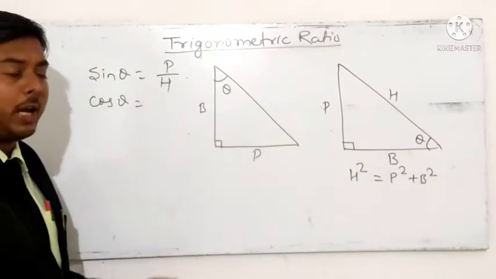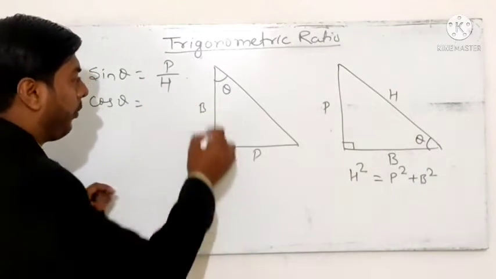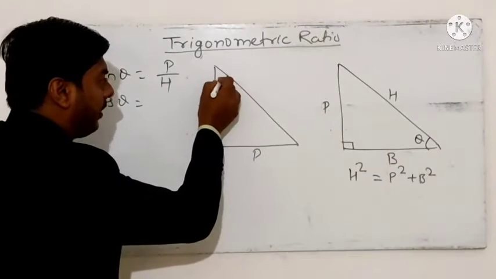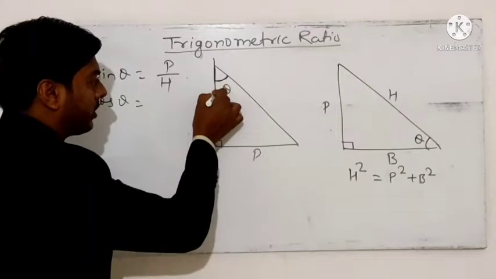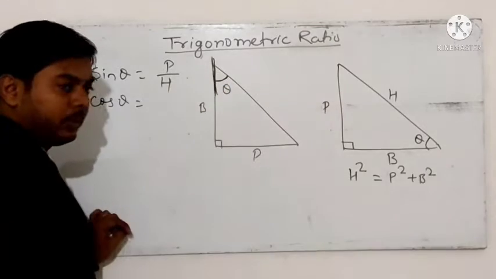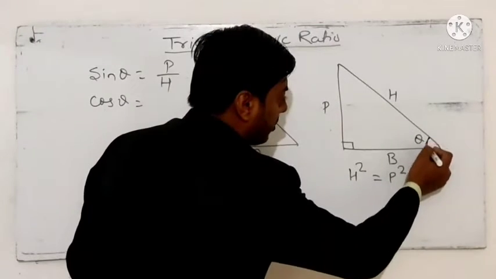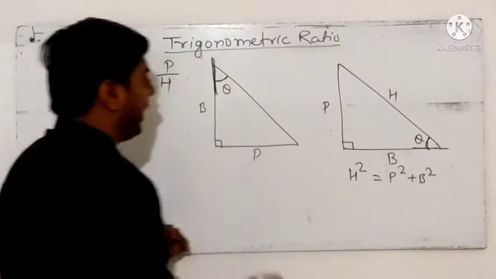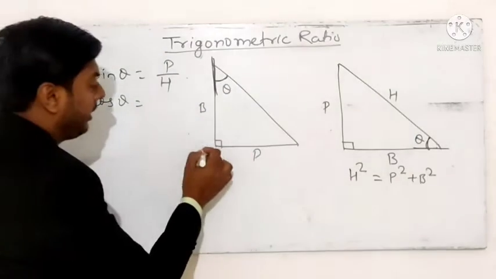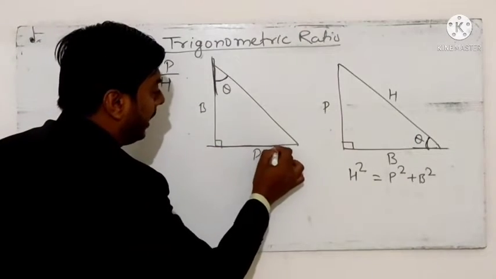So you see that the part attached to theta is called the base, and the part in front of theta is called the perpendicular.